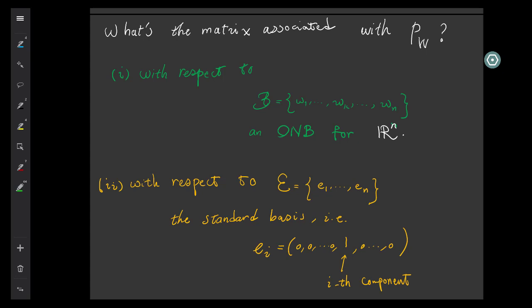So the first question would be to find the matrix associated to Pw with respect to W1 through Wn, which define Pw and are an orthonormal basis. But the second question, which is more interesting for many people, is to find the matrix associated with the standard basis.